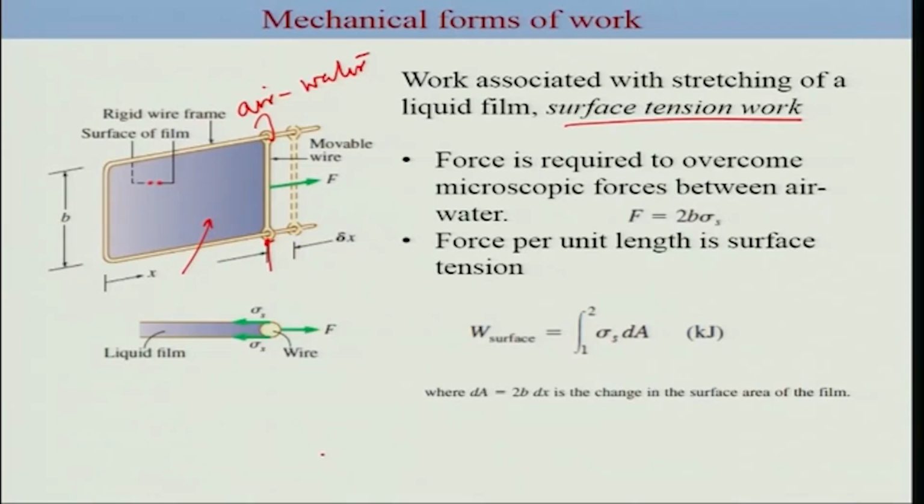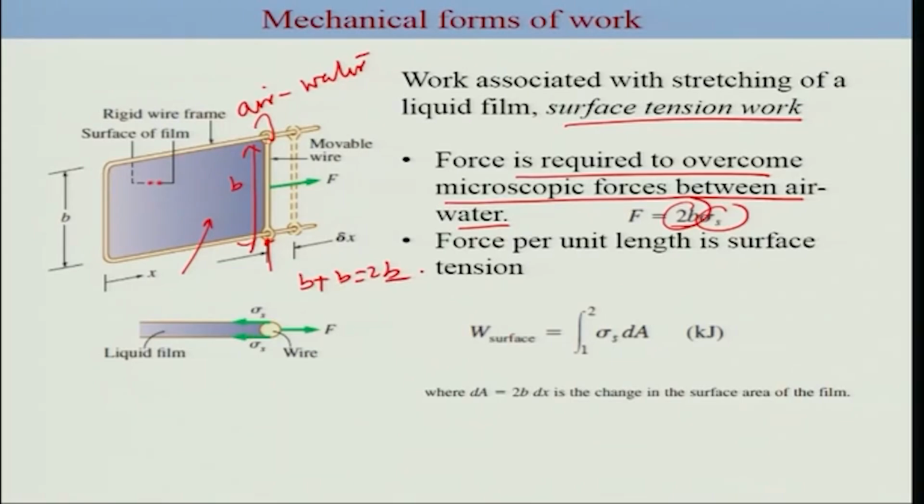So what is the force which is required to overcome the macroscopic force between air and water? That will be the surface tension multiplied by the interfacial length here. In this case the interfacial length is 2b. So this is the surface tension, and this 2b is the interfacial length, which essentially is nothing but the length of this wire here. This is B, and the other side of it, so that becomes B plus B equal to 2B.